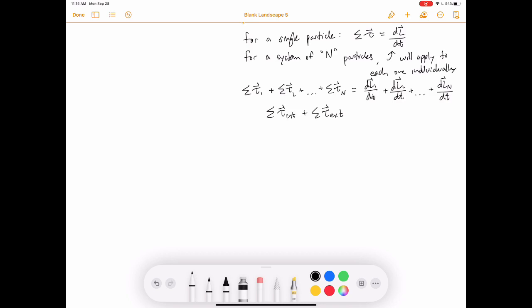An external torque would be coming from the outside. Now, on the other side, we have basically one big time derivative. We can think of this as the time derivative of L1 plus L2 plus, add them all together, the last one is Ln. Okay, so what I have in the square brackets here is the total angular momentum of the system.